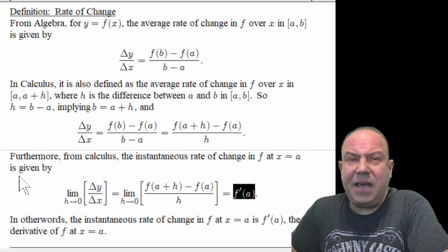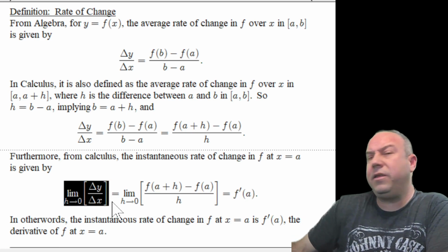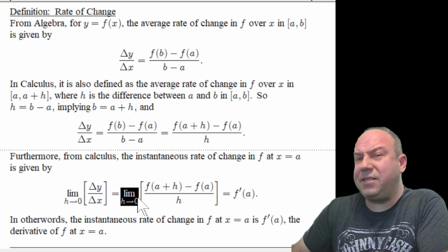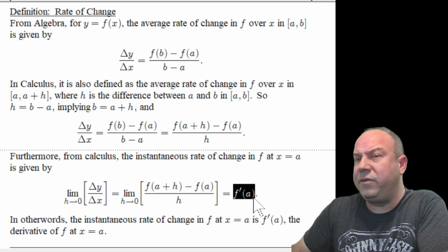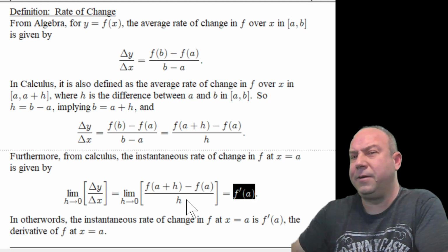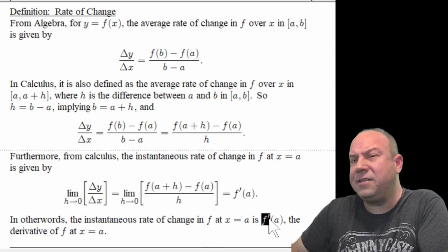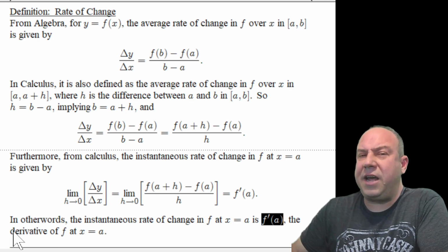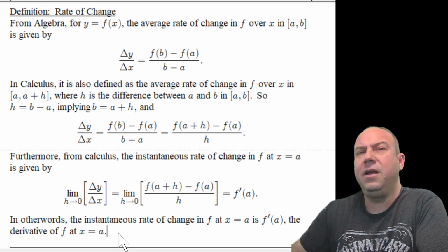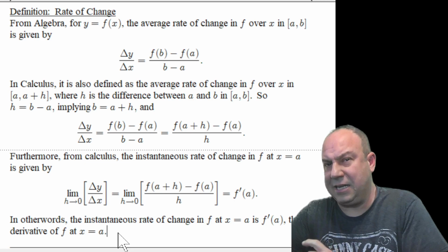In other words, this instantaneous rate of change, delta y over delta x, is equal to the limit as h heads to 0 of this quantity, which we've defined as the slope of the line tangent to our function f at a. The instantaneous rate of change in f at x equal to a is f prime of a, what we understand as the derivative of f at x equal to a. And this is all understood as what? Slope of the tangent line.